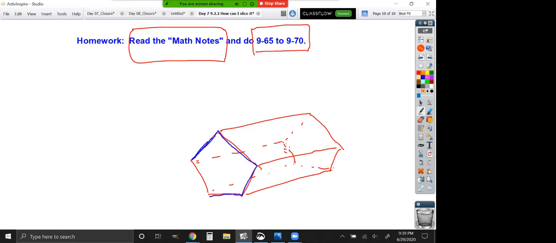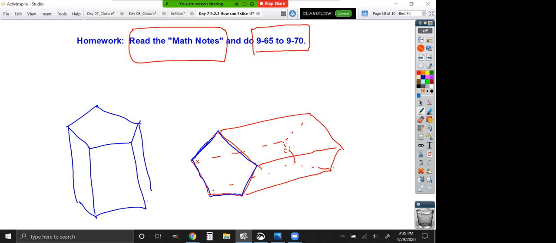So when you have a pentagonal-based prism, the pentagon is the base. So this one's not standing on its base. If it were standing on its base, it would look something like the following. Now it's standing on its base.